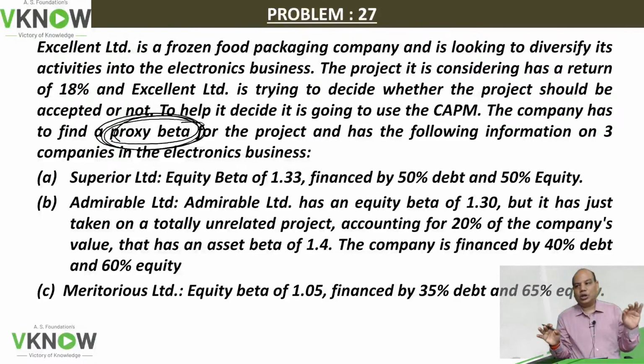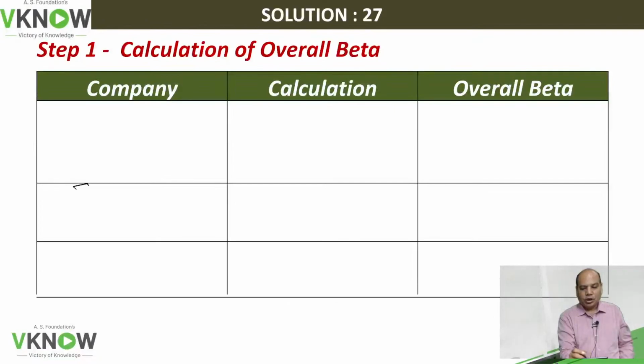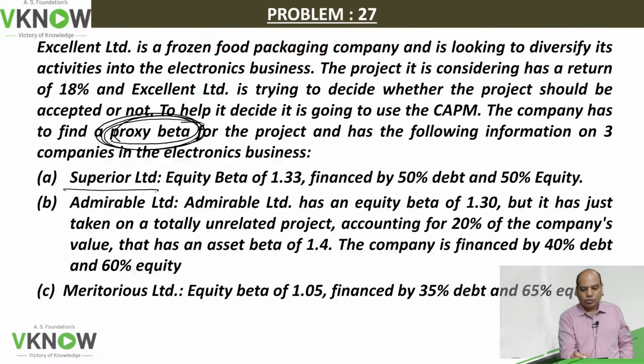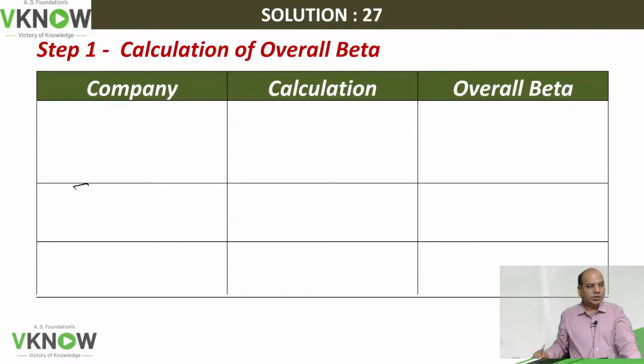Our task is only to find the proxy beta, and for that I will have to use these three companies. In Admirable Limited, I have to further identify the beta of electronic business. At present, Admirable Limited is made up of two businesses. So let us first find the overall beta. I will use the same formula which I used in question number 26.